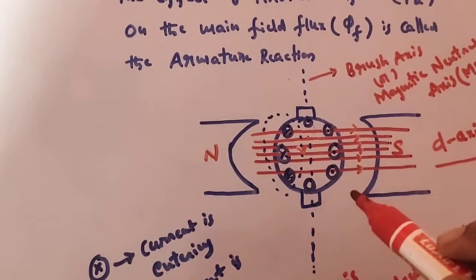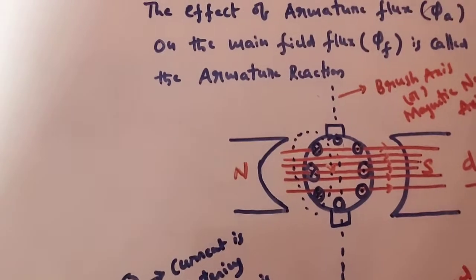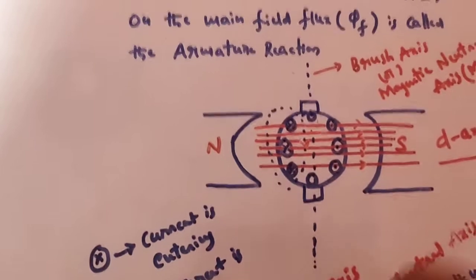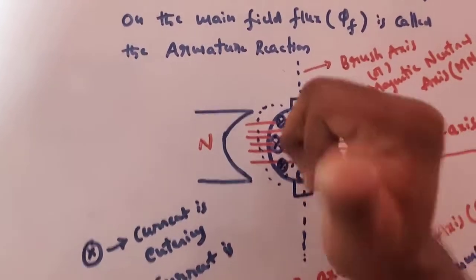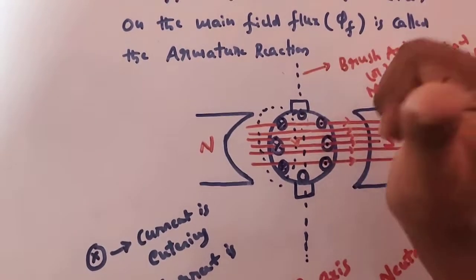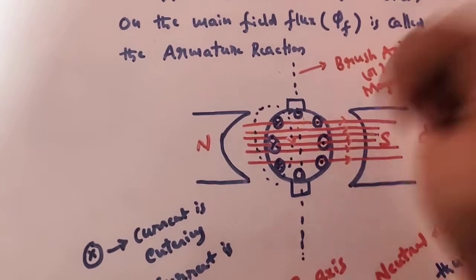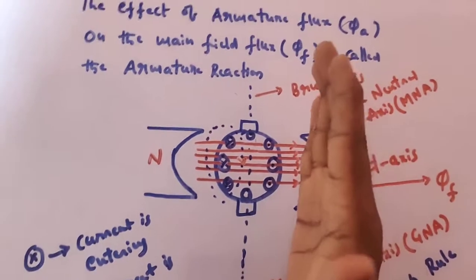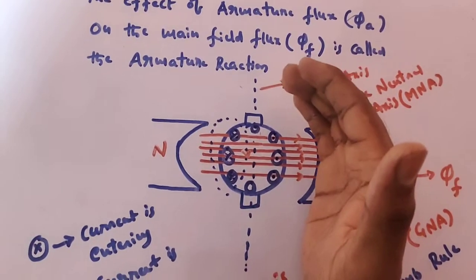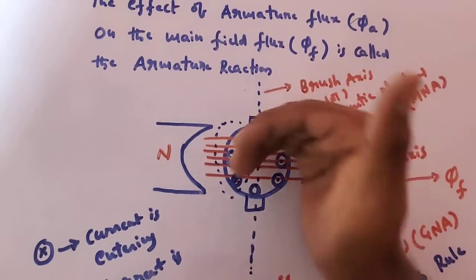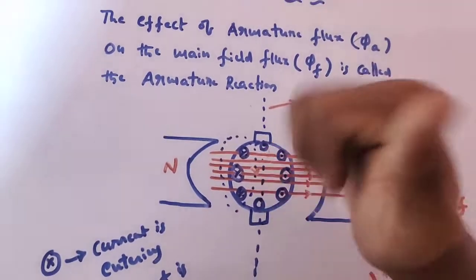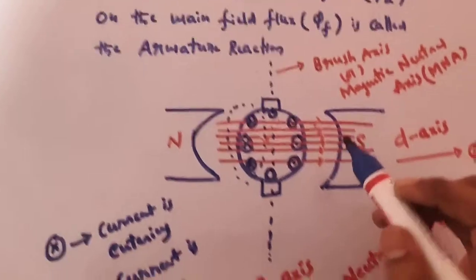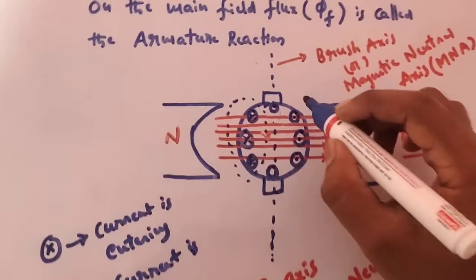Now if you apply the same right hand thumb rule to the conductors under the south pole, the current is leaving, coming towards us, and my thumb is showing towards me. So the direction of my curled fingers will show the flux direction. It is moving like this, so I am going to have a field like this.